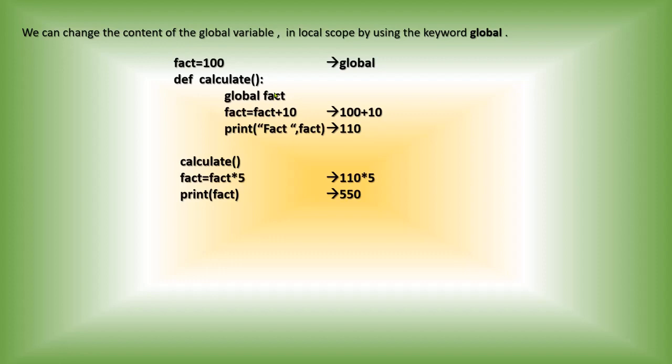Local variables are variables which are defined inside the function. A global variable can be accessed inside the function, but a local variable cannot be accessed outside the function. A global variable can be changed inside the function by using the keyword global.